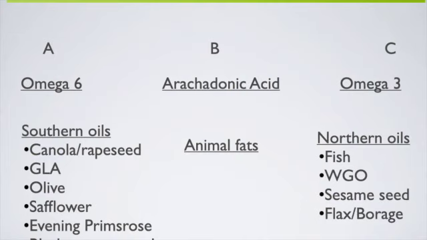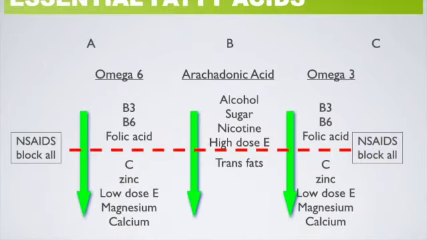Now, how does that fit in with inflammation? Once again, this is probably review for all of you, but when we look at prostaglandin formation, which is really instigating inflammatory pathways, the omega-3s are anti-inflammatory. They very easily can be converted into PG3s, which are anti-inflammatory.